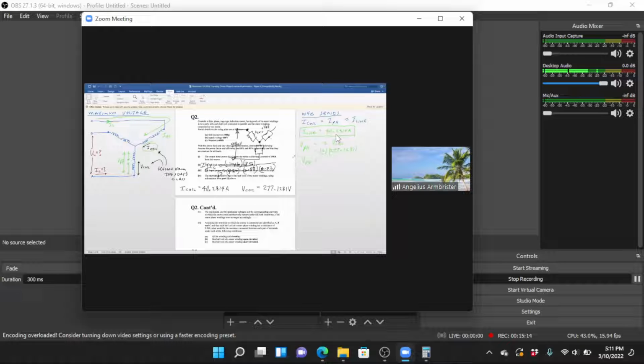Okay. And V line, this is a 3-phase Y, V line is equal to √3 times V phase. So this is equal to √3 times 554.2562.